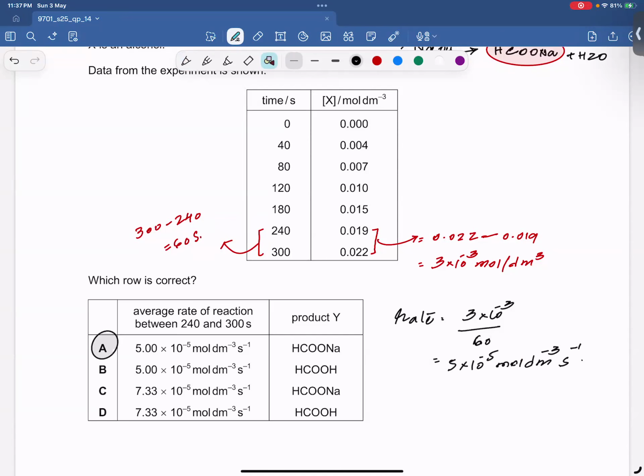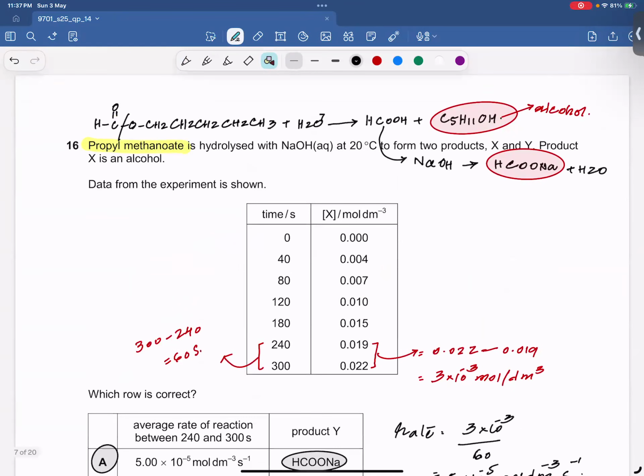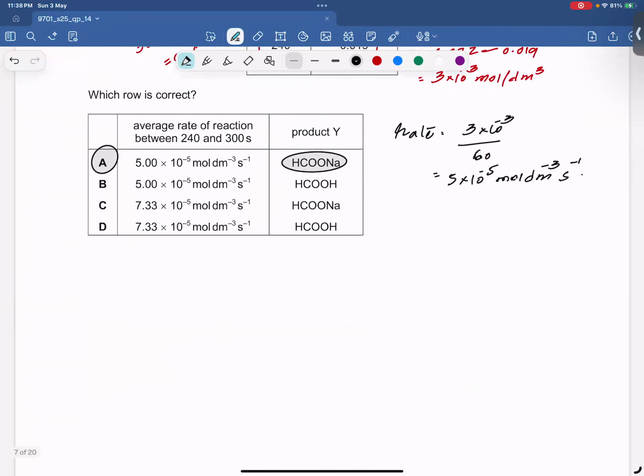Okay. And obviously product Y is basically sodium methanoate because X is an alcohol. It has to be Y. Okay. That's the only option we have.